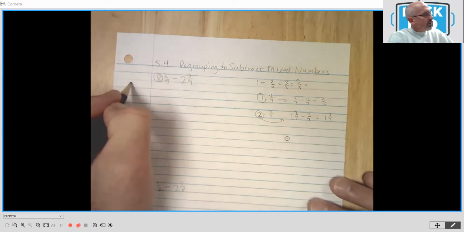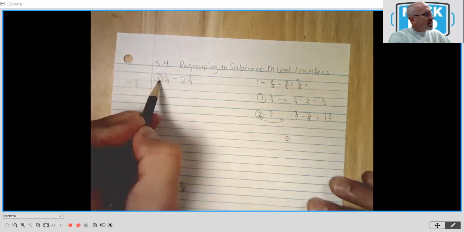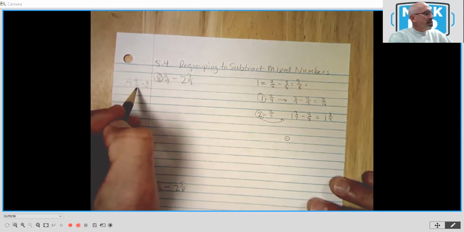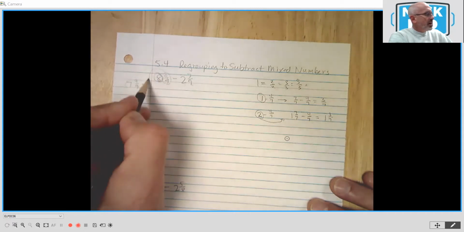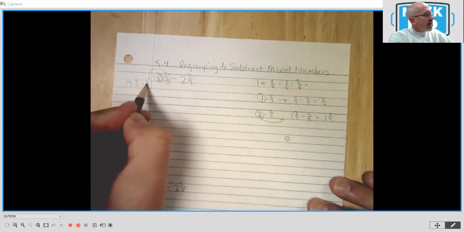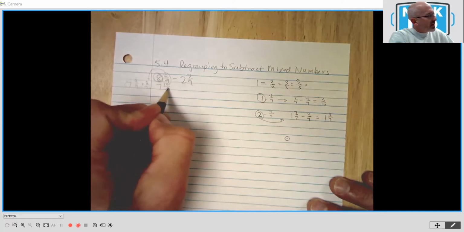We could write that as 7 and 9/9. So 7 and 9/9 is our 8. And then we're going to add that 2/9 in there. This 2/9 came from here. And that 8 we converted into something that's the same as 8. So when we add these two fractions together, we now get 7 and 11/9.